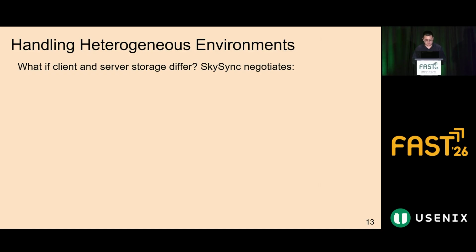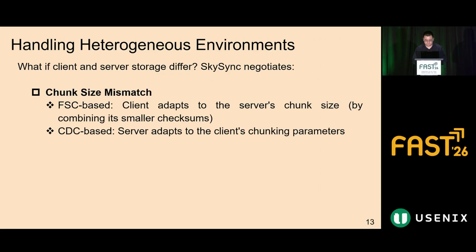Client and server storage might be heterogeneous, which means they are different from each other. To solve this, SkySync uses a communication protocol that negotiates settings in the initial request. There are two main differences. First is the chunk size mismatch.